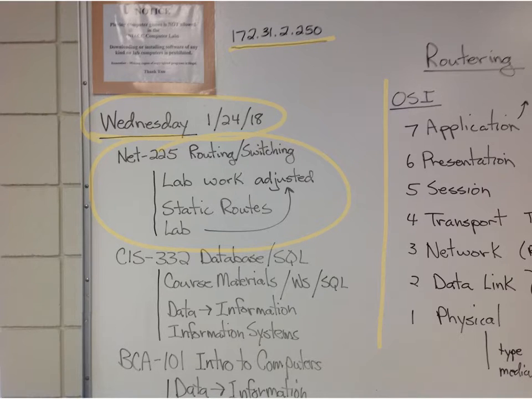Reviewed the OSI model. Oops. Take that E out of there. Router instead of routing, or take off the ing, one or the other.